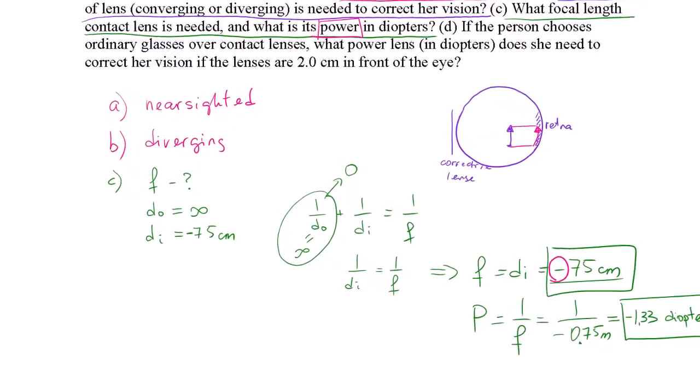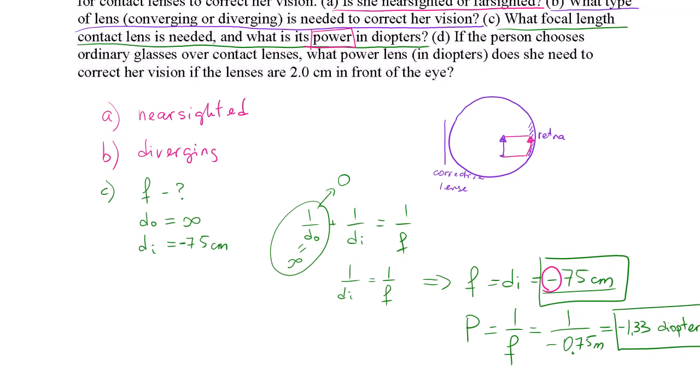And we also have another part, D, of this problem, which is, if the person chooses ordinary glasses over contact lenses, what power lens in diopters does she need to correct her vision if the lens is 2 centimeters in front of the eye? So if you put the lens 2 centimeters in front of the eye, this is 2 centimeters, right? And let's say right here is the far point.